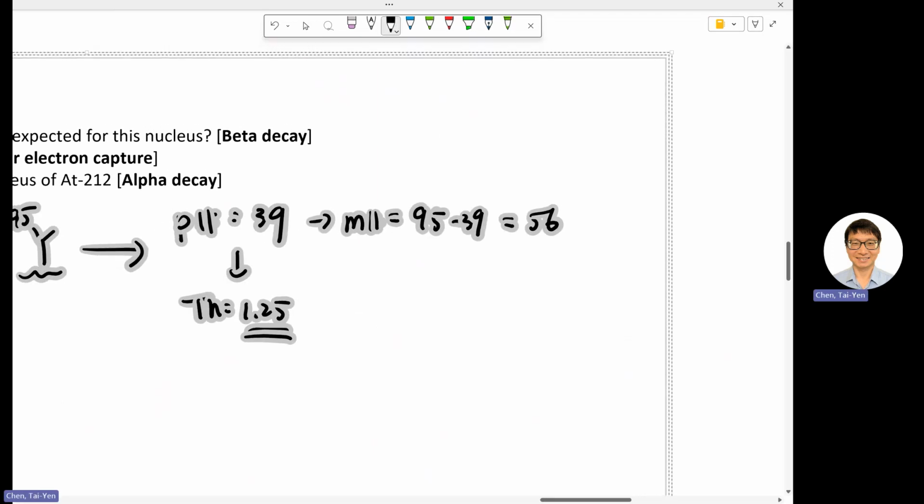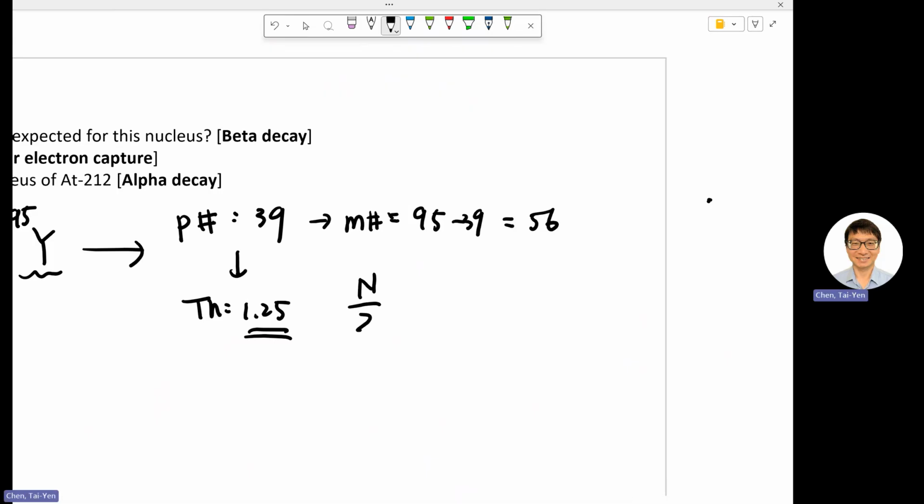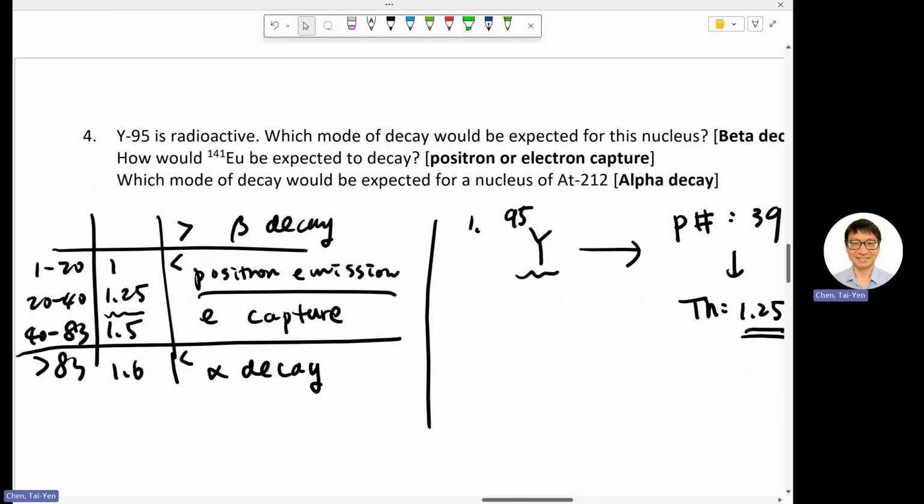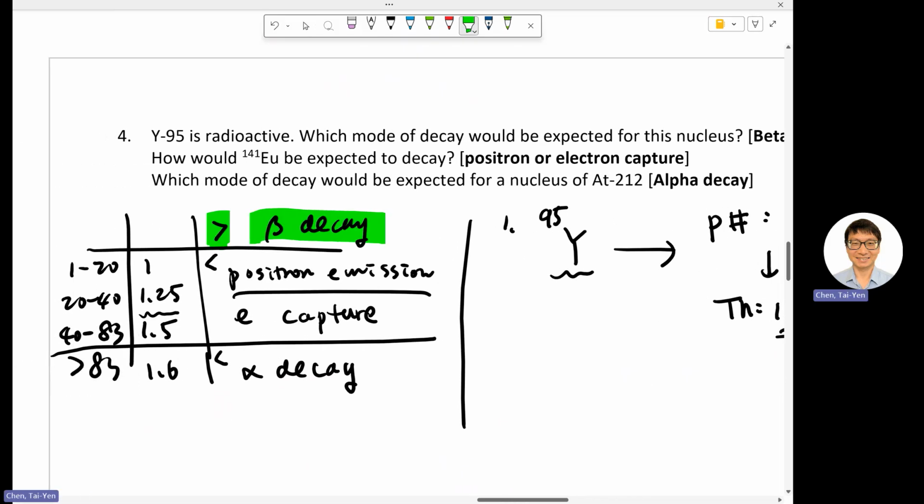Then your N to Z ratio equals 56 over 39, which equals 1.44. Compared to your threshold, this is larger than 1.25. Since it's larger than your threshold, you're going to have beta decay. That's how you know what kind of decay you're going to have.